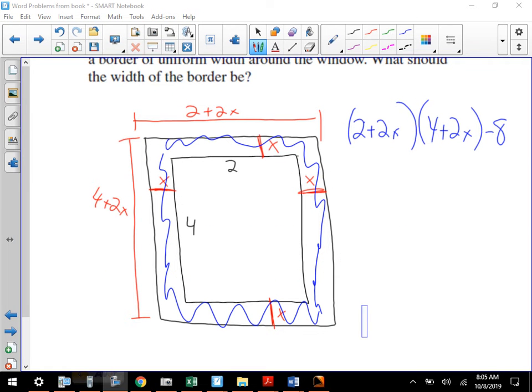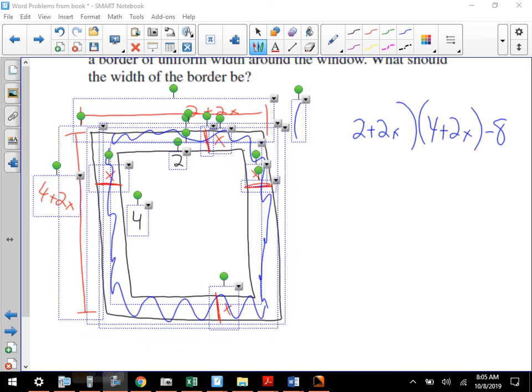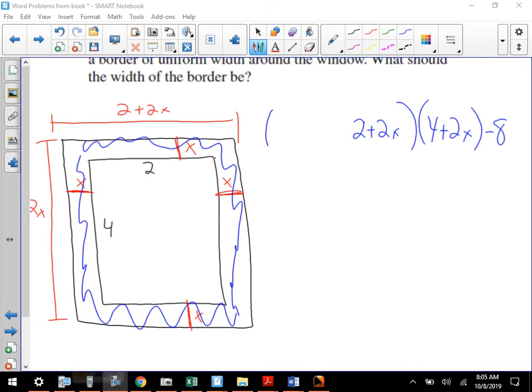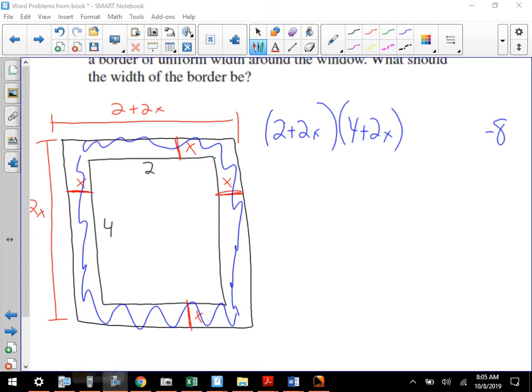So this has to equal 7. So first thing you're going to do, put the 7 on. Why not just FOIL first? I should have.